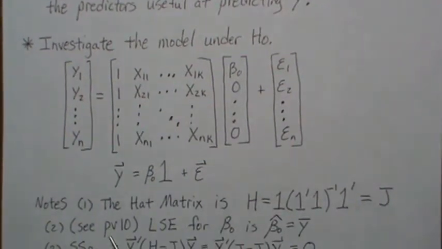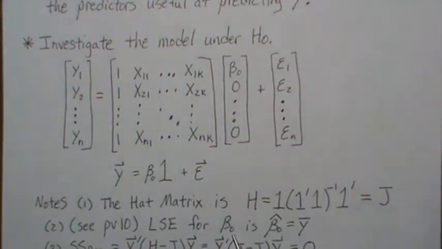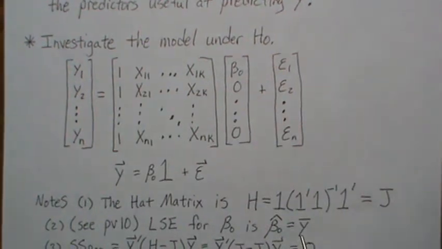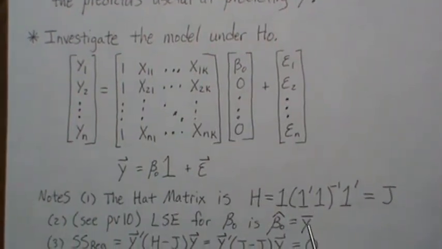In PV10 we showed that the least squares estimate for beta 0, when it's the only beta parameter in the model, is y bar, and that makes sense. If you get to pick one number that best represents the y data, the mean, y bar, would be a good one. On average you're correct.